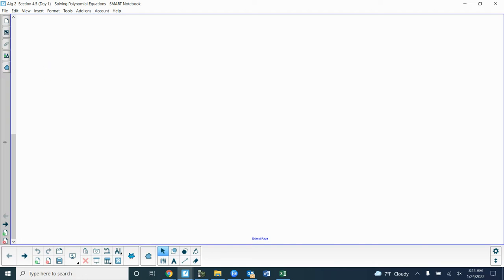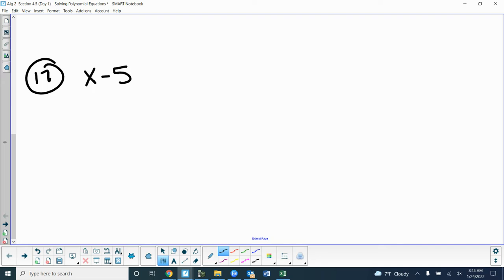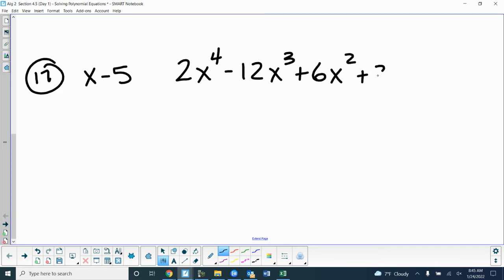All right, so for 17, it asked if this binomial was a factor of this polynomial. So what do we have to do to figure that out? Do the synthetic division.